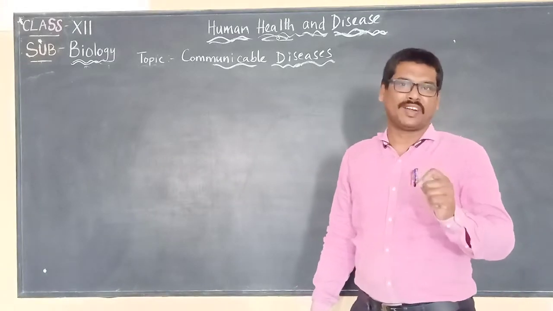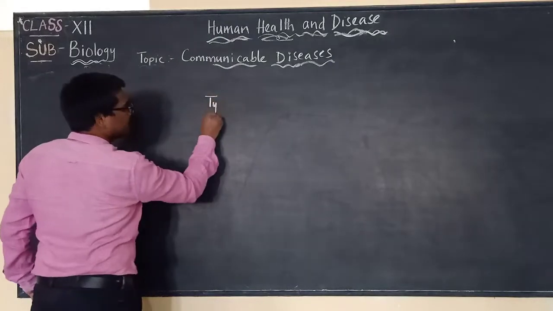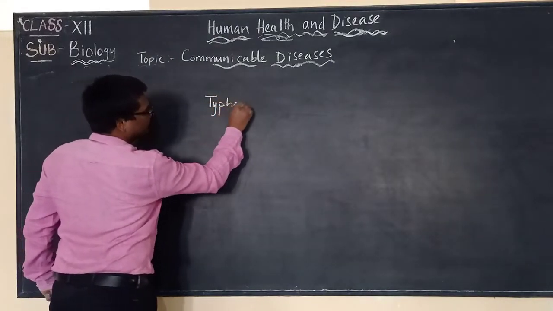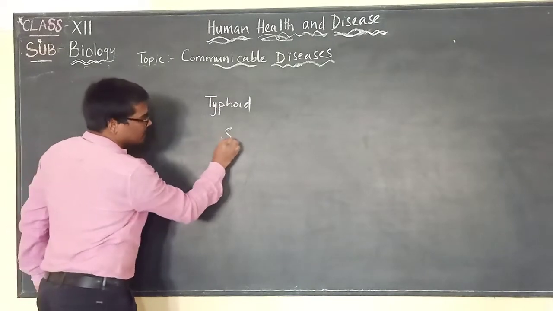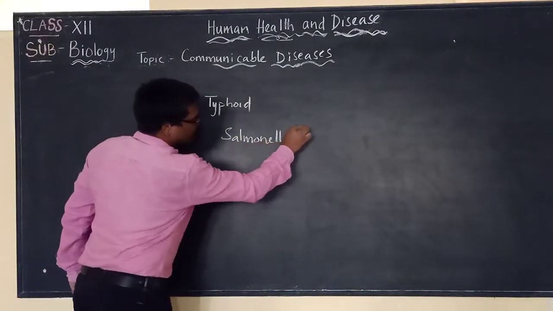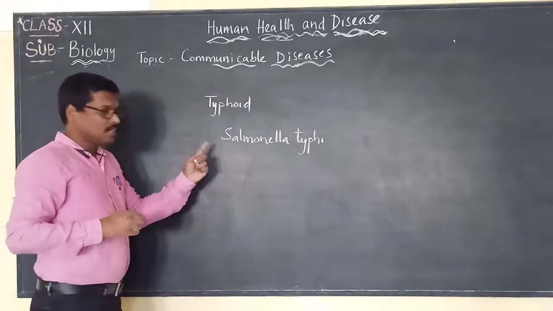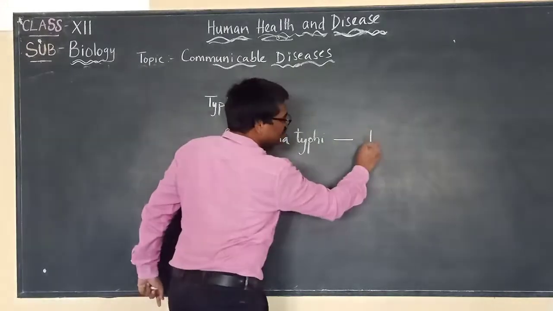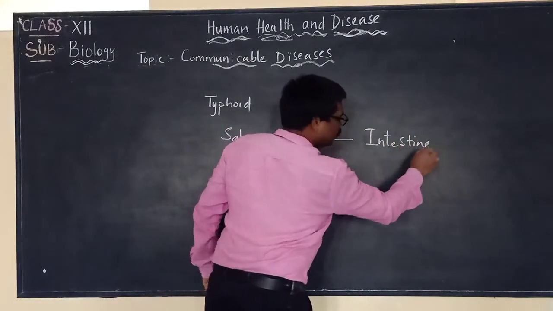And one more point regarding the disease called typhoid. We studied that the bacteria that causes this disease is Salmonella typhi, and that it invades the intestine of an individual.